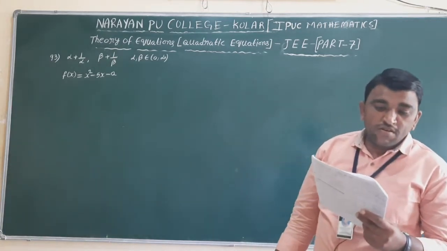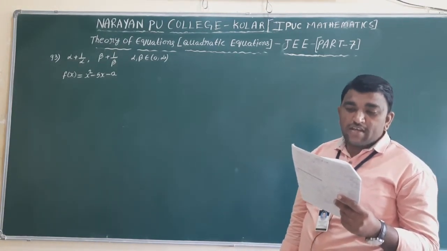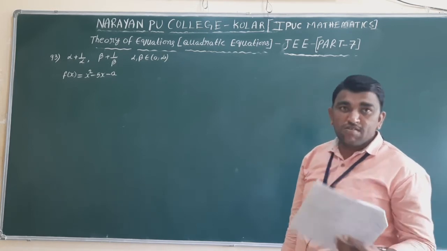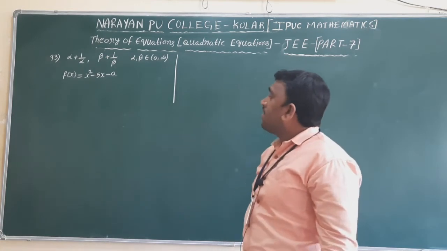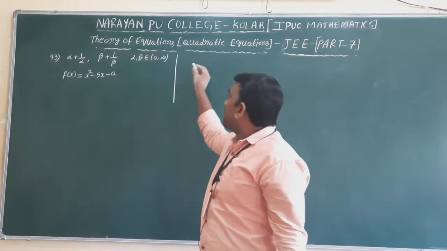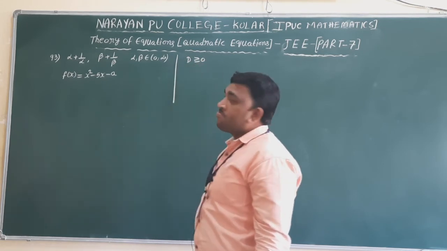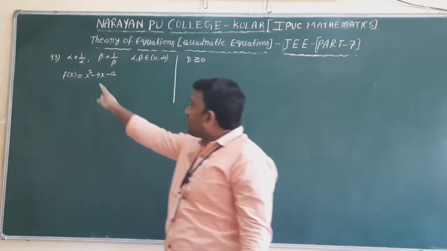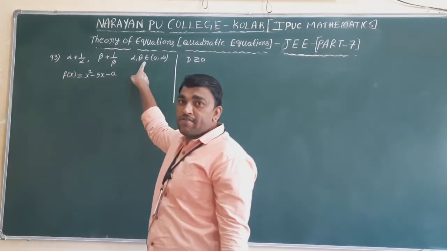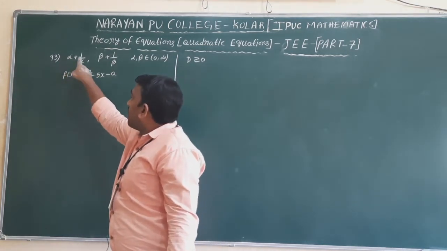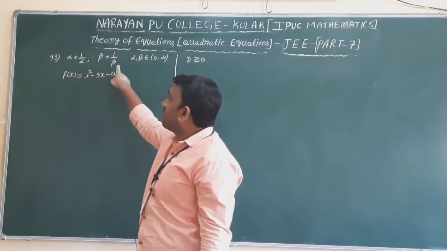Now, then the complete set of the values of a. Here, whenever the roots are positive numbers, the discriminant is greater than or equal to 0. Suppose alpha is 1, because positive numbers only were said, 1 plus 1 is 2, beta is 1 plus 1 is 2.